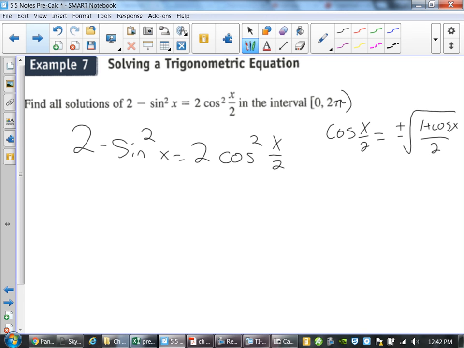I'm going to take this piece here and substitute it.